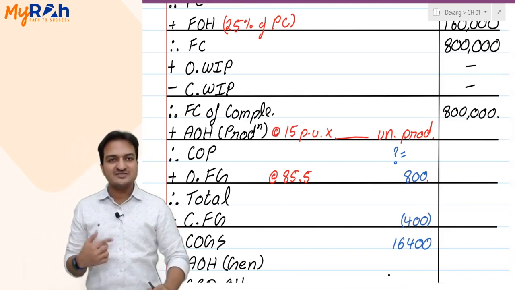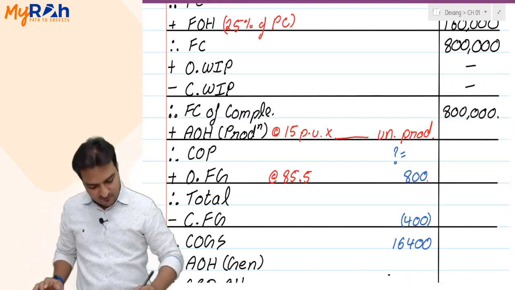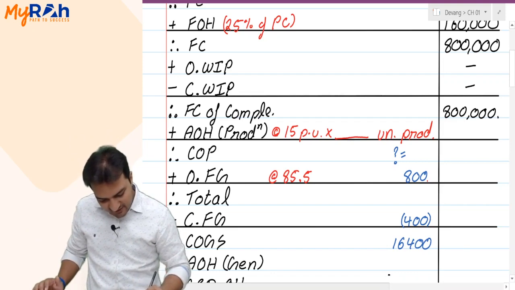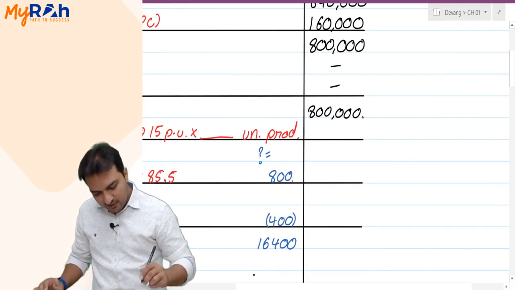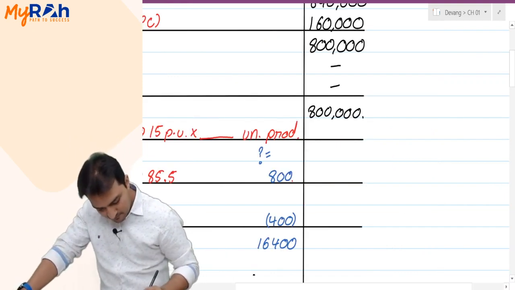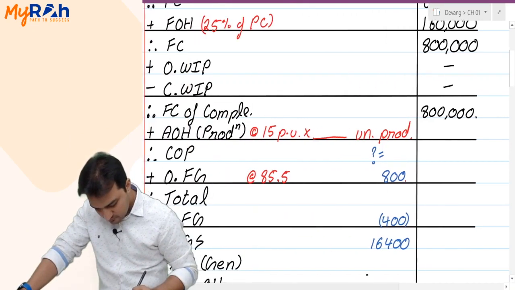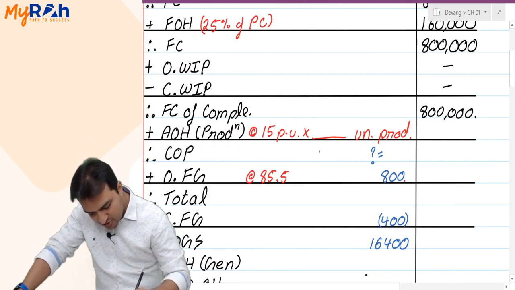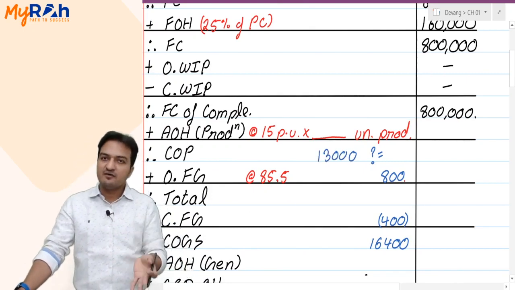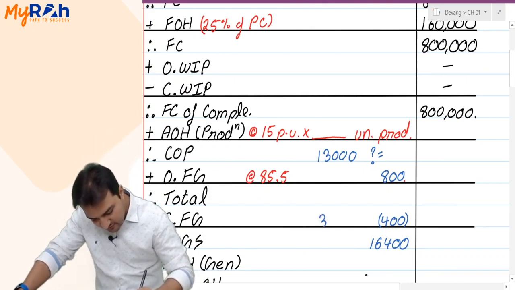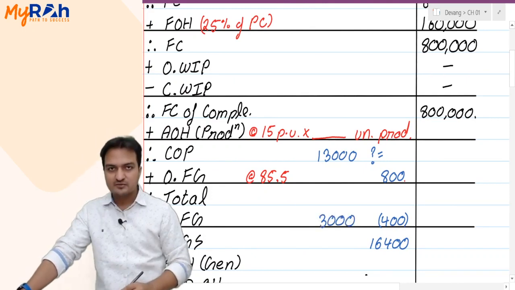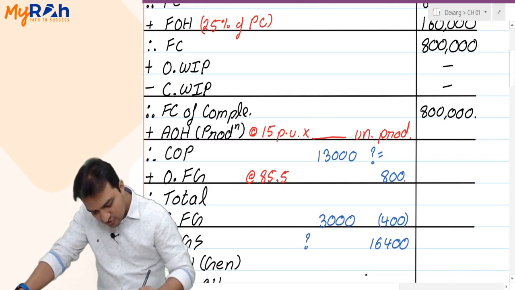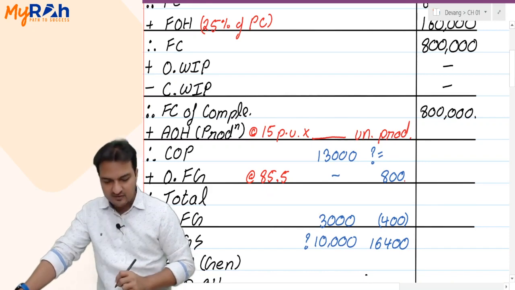Look, in the earlier example which I gave while explaining the format, my production was 13,000 units, closing FG I had given 3,000, so you could find sold units as 10,000. There was no opening in that case.